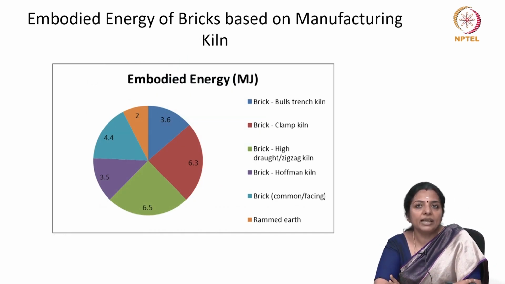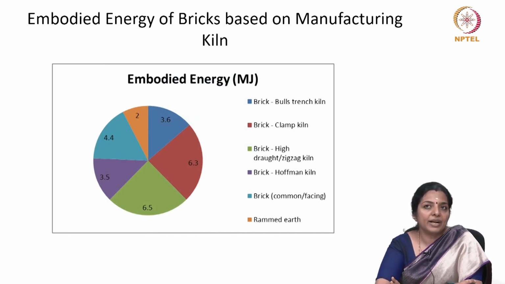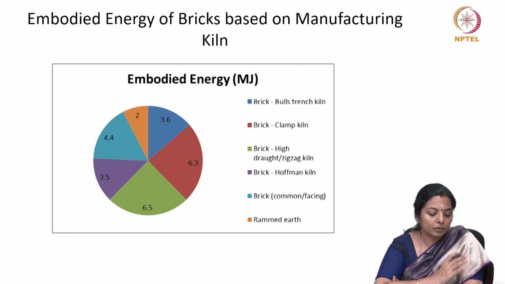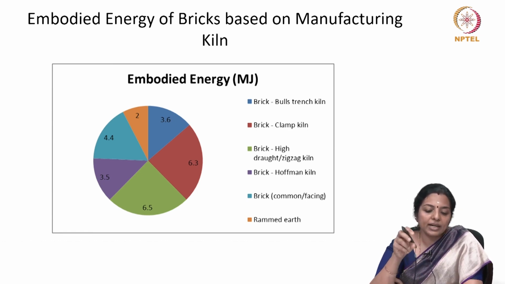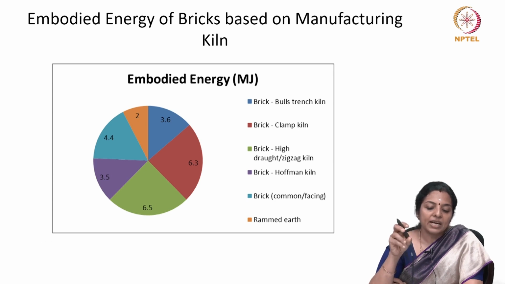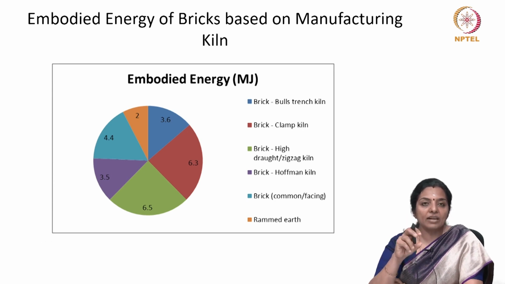Now, the embodied energy per unit weight of building material is given here, which is brick. What we are trying to see here is how the embodied energy of brick is based on the manufacturing kiln.